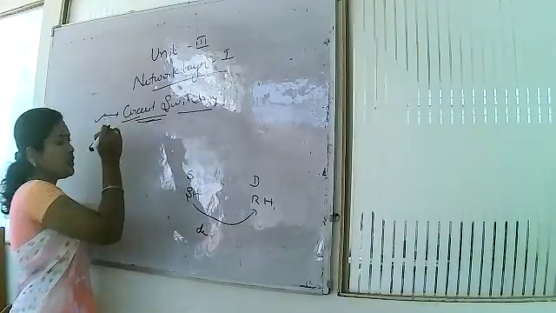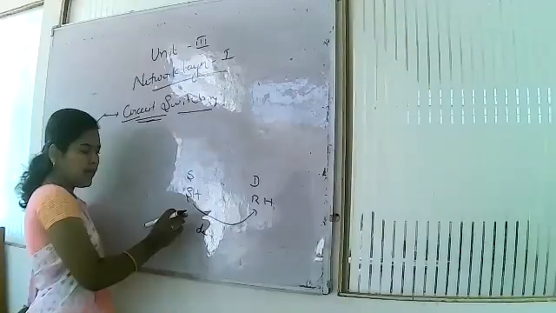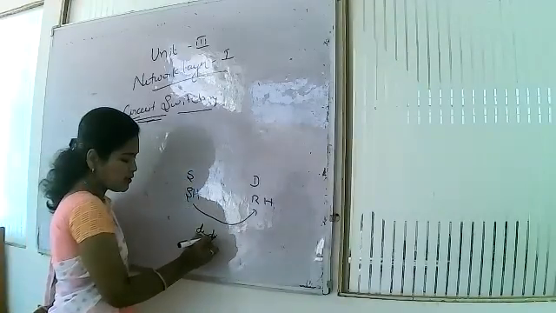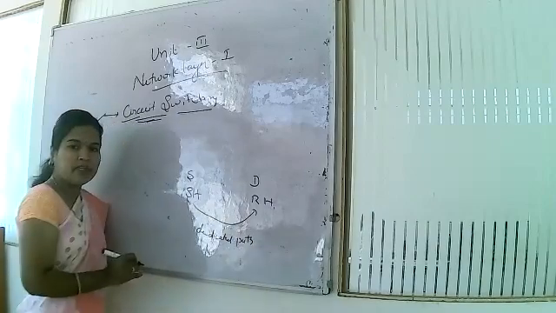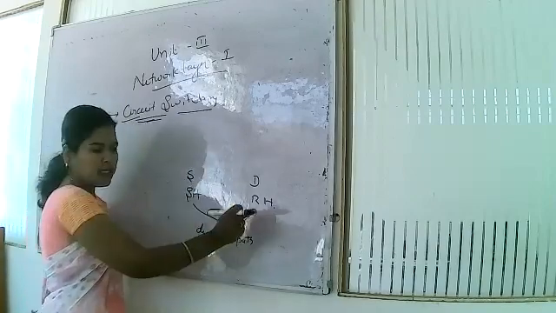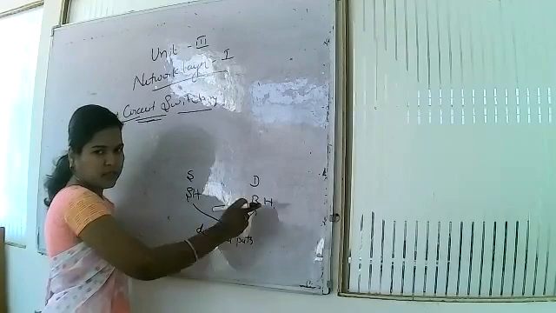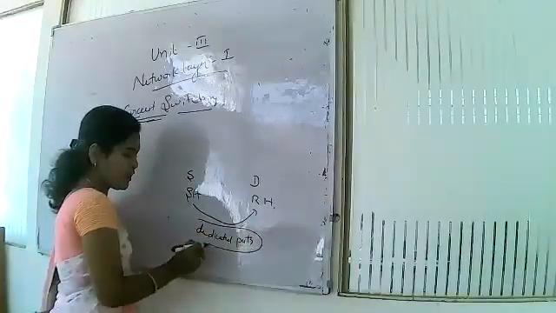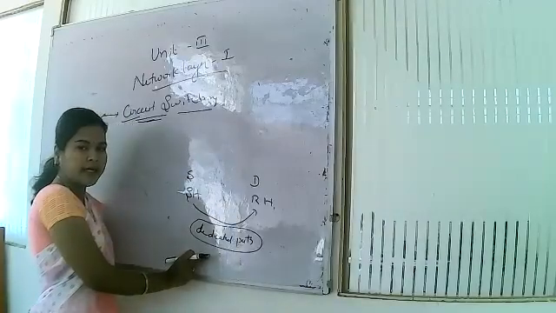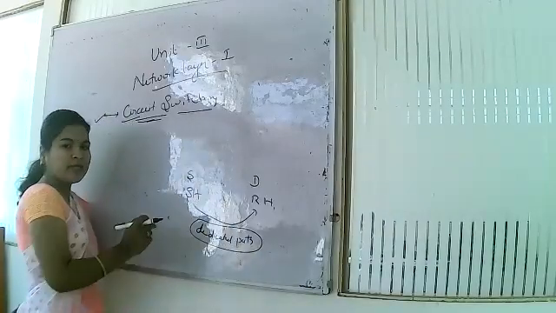Listen carefully, now I am explaining about circuit switching. It will create a dedicated path between the source and the destination, sender and the receiver. It is an important point.